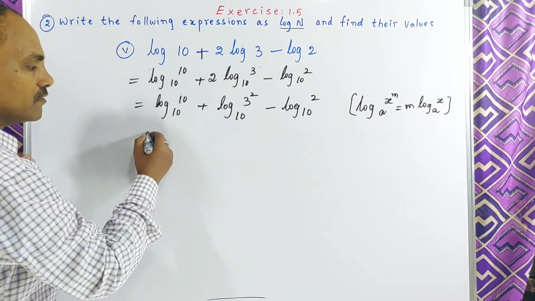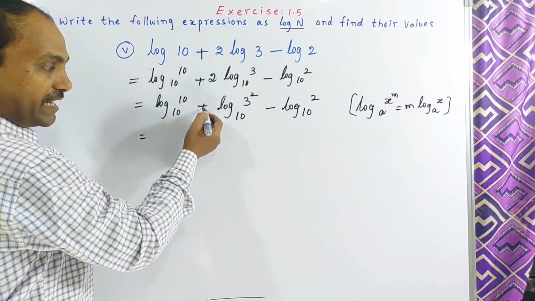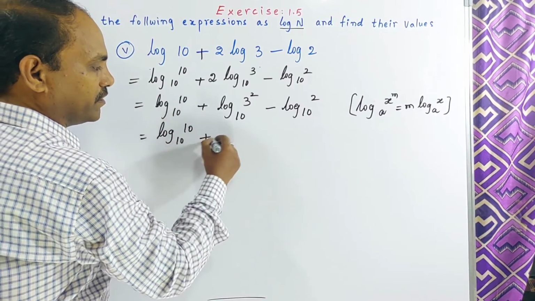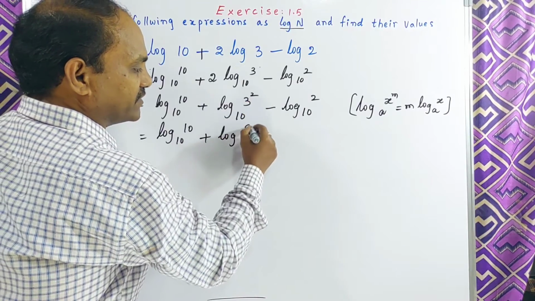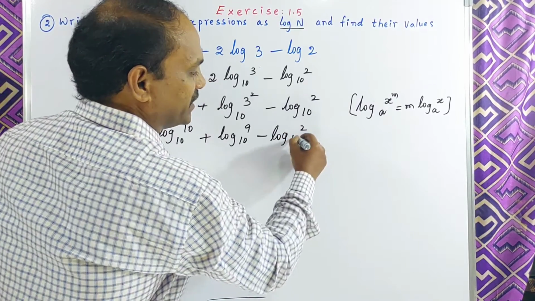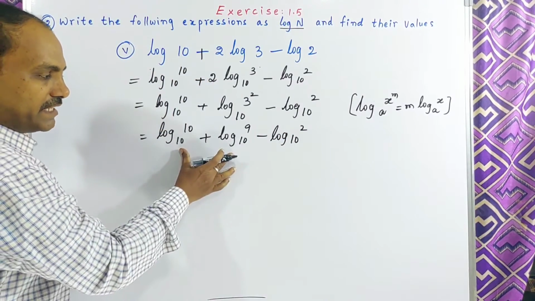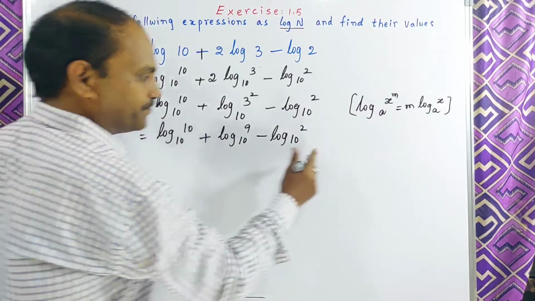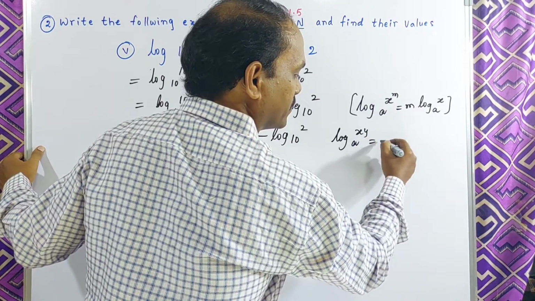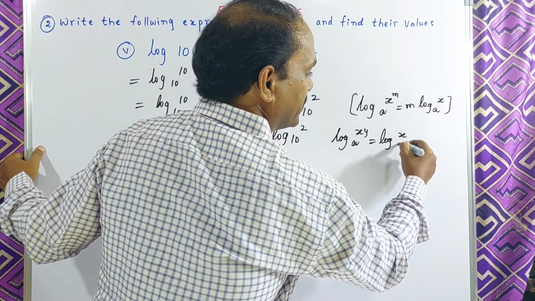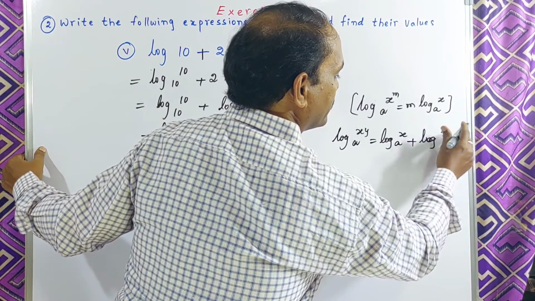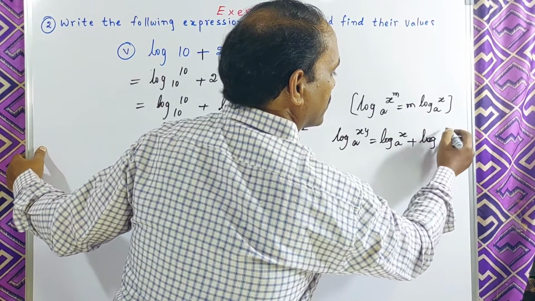Now write again here log 10 to the base 10 plus log 3 square value is 9 to the base 10 minus log 2 to the base 10. Here plus is there, that's why first we should take these two. This is in the form of log xy to the base a is equal to log x to the base a plus log y to the base a.